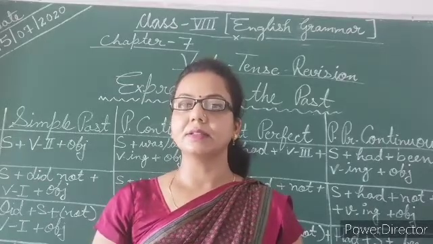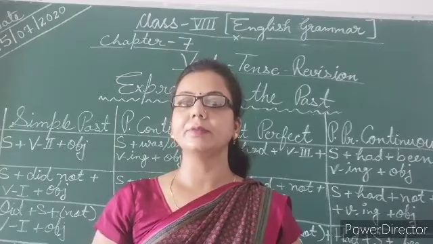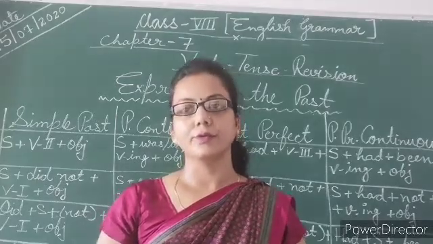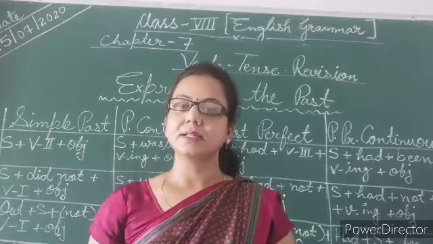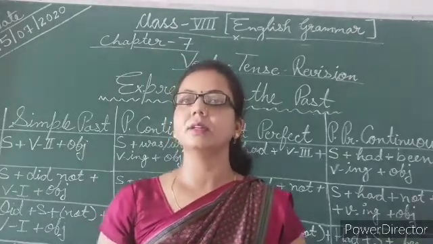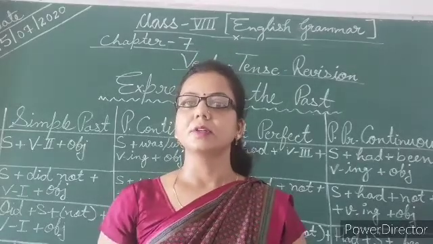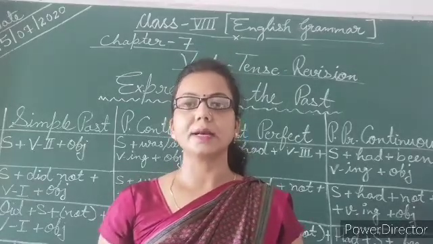What are the categories of past tense and how and where we can use the past form. So my dear students, past means the action that is already done before present time. In that situation we use past tense.